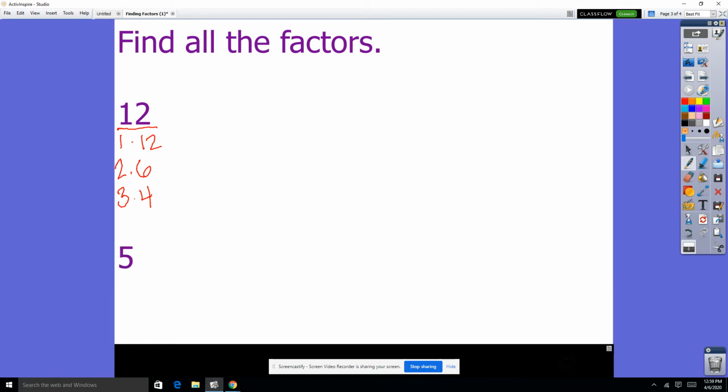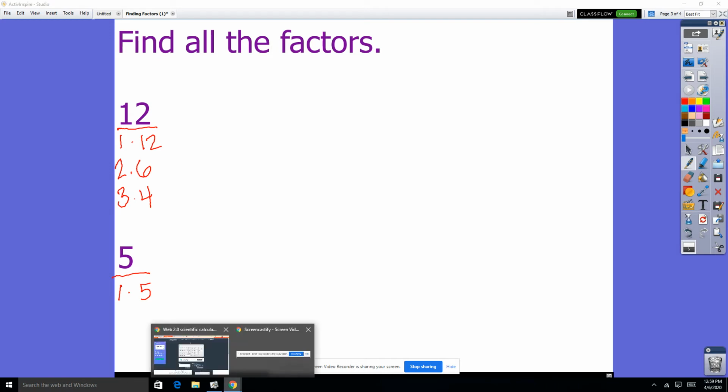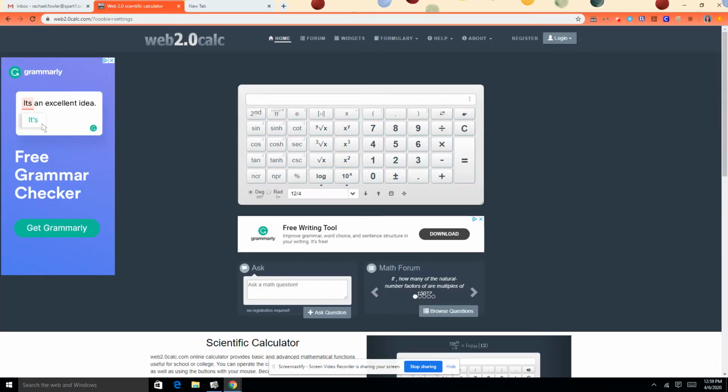The next number we're going to look at is 5. So we always start with 1 times the factor, because that's always a factor of that number. Then my next number I'm going to check, I'm just going to go up. My next number would be 2. Well, 5 is odd, so I know 2 isn't going to go into it, but you can still check if you want to. 5 divided by 2 gives you 2.5, so that's not a factor.